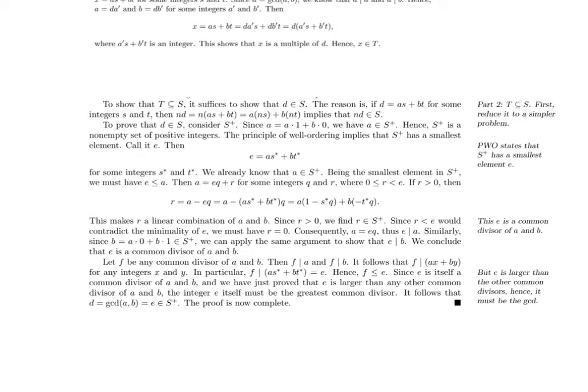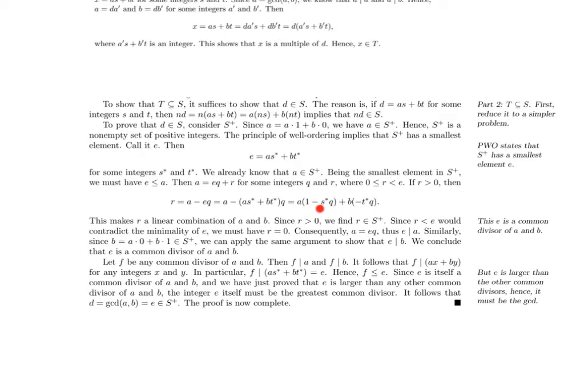and we conclude that if the remainder here is not 0, if the remainder is positive, then we can write R as A minus EQ and replace E with this linear combination here.